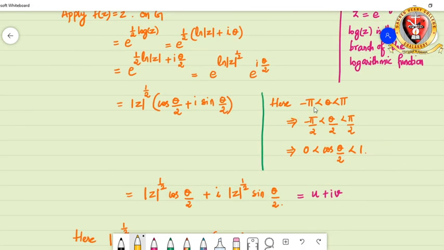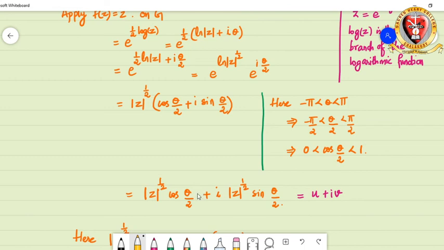Now here, since we were dealing with the principal branch, theta is strictly lying between minus pi and pi. That means theta by 2 is strictly lying between minus pi by 2 and pi by 2. So cos theta by 2 or cos of minus theta by 2, whatever it is, the values will strictly lie between 0 and 1. If you open the braces, you get the real part to be this and the imaginary part to be this.